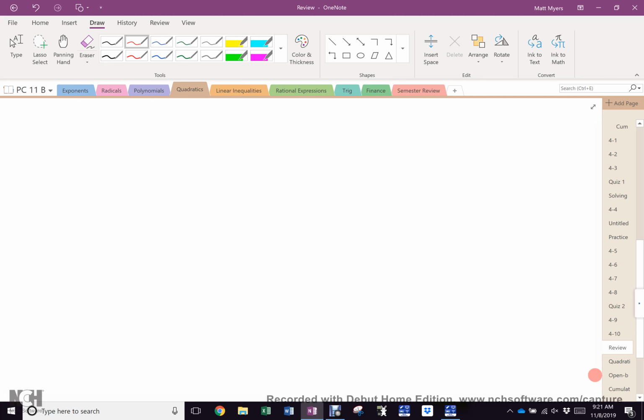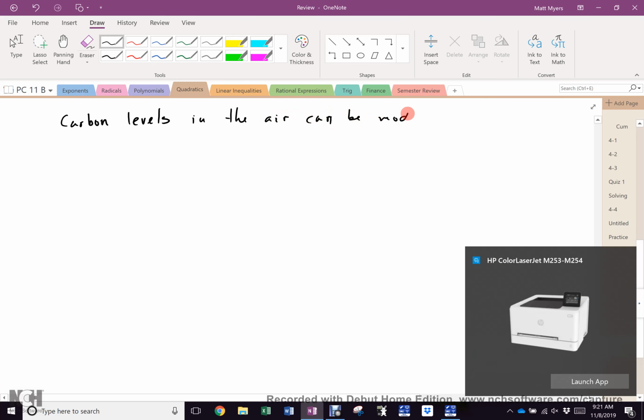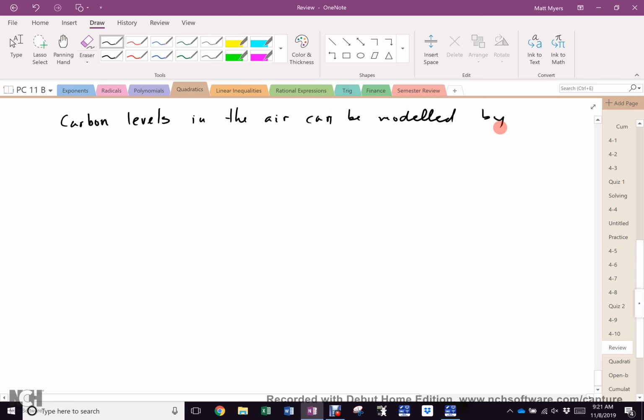Okay, I got one that I've had on other tests. And it is very applicable to now. Carbon levels in the air can be modeled by this equation.